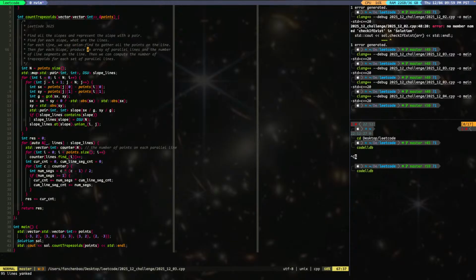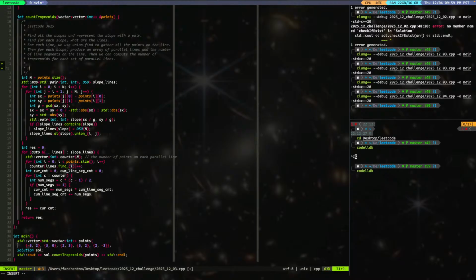Then for each slope, produce an array of parallel lines and the number of line segments on the line. Then we can compute the number of trapezoids for each. However, this will lead to double counting, right?